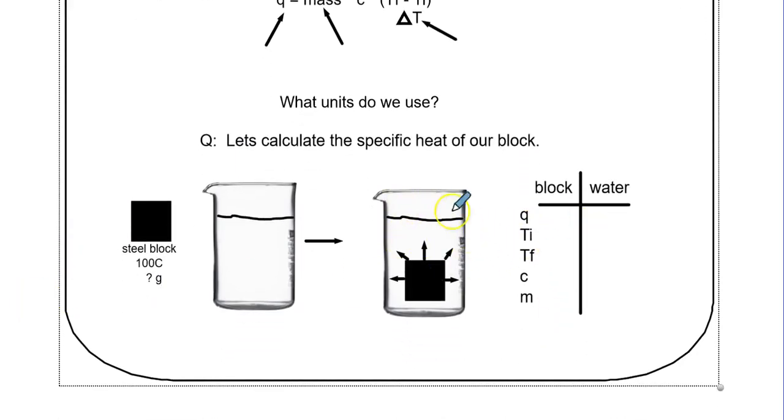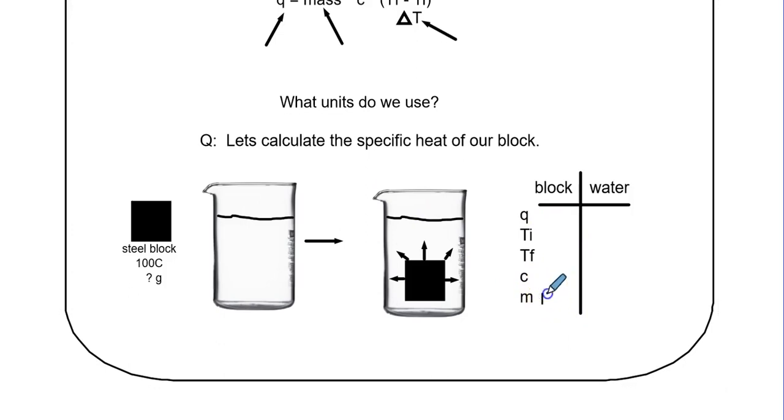Okay, and let's see what we got here. The mass of the block was 125, the mass of water is 125. The specific heat of water was 4.18.